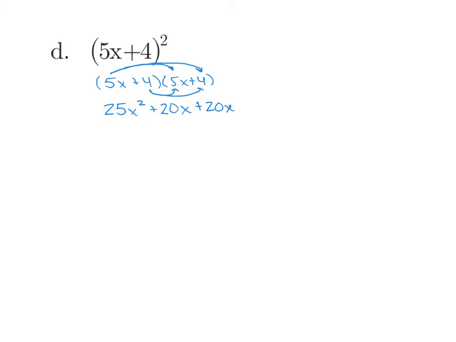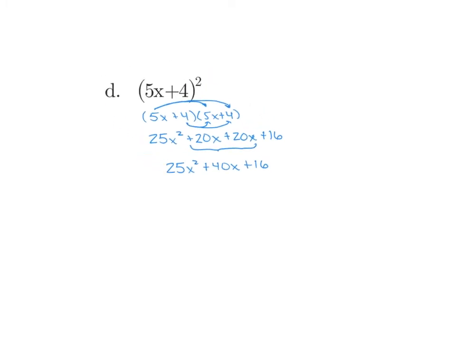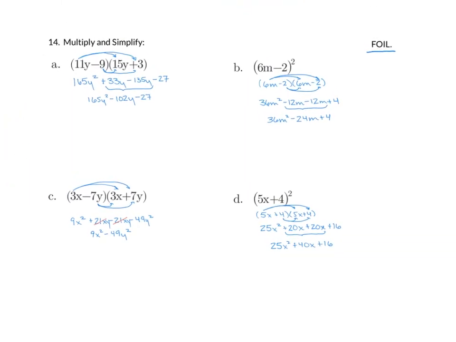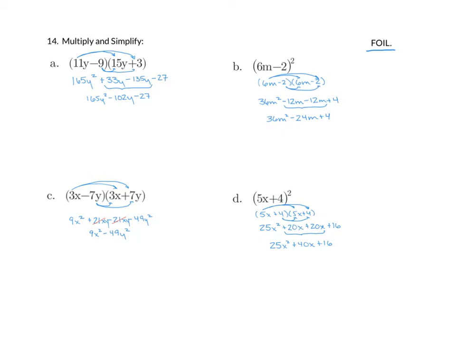And lasts, we get plus 16. When we combine like terms, note these do not cancel because they have same signs. We add them and we get 40x. And so our final answer is 25x squared plus 40x plus 16. All right, that takes care of multiplication.